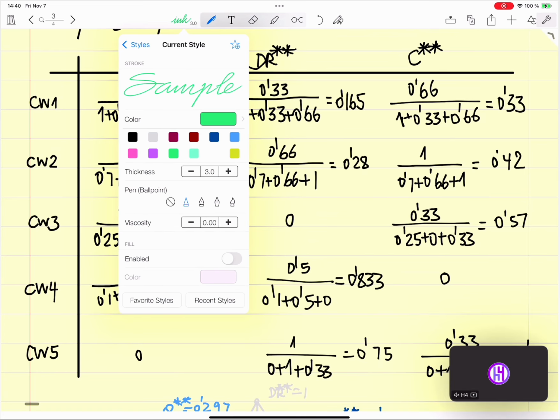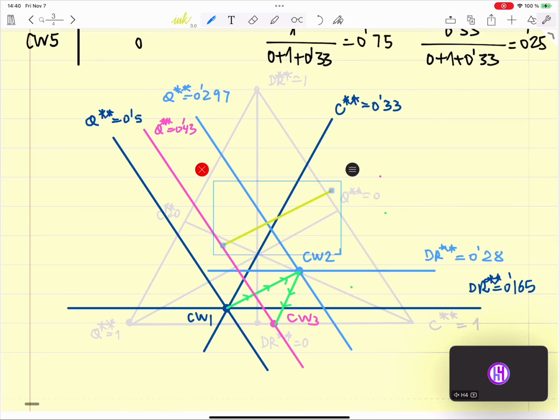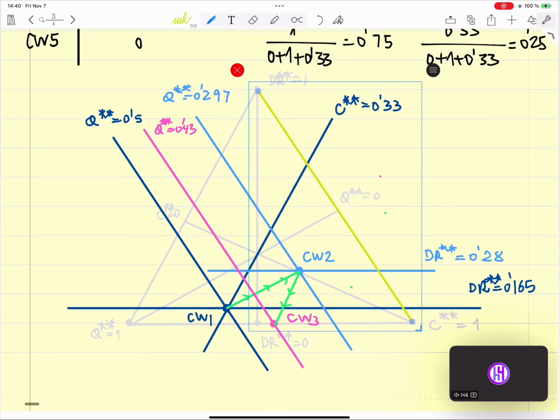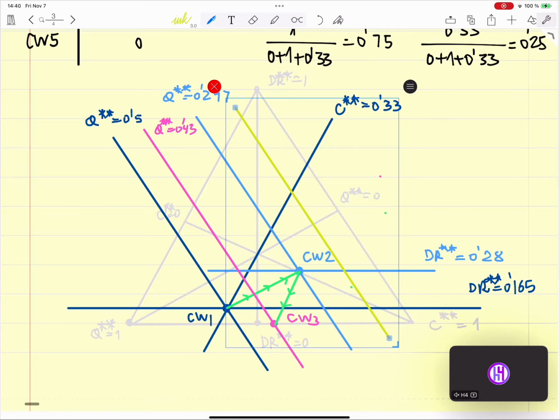The values of quality 0.167 will be somewhere here. Quality star equals 0.167, and it touches the point of cost 0, which is going to be this one. So calendar week 4 is going to be up there.